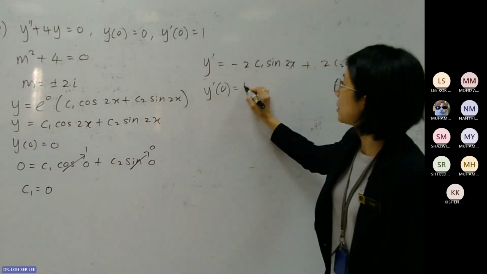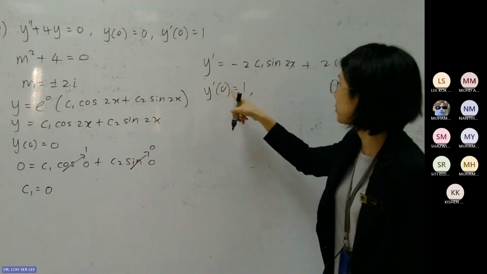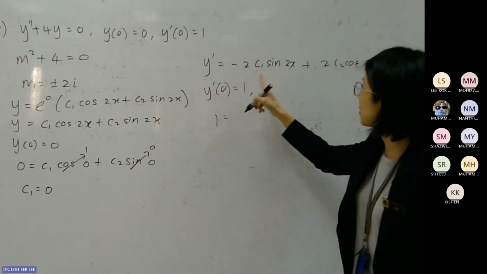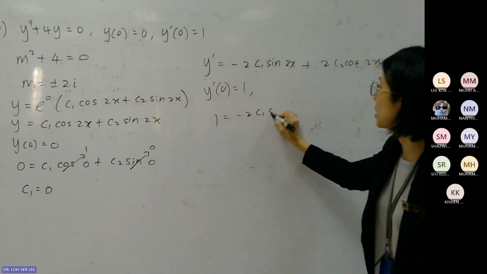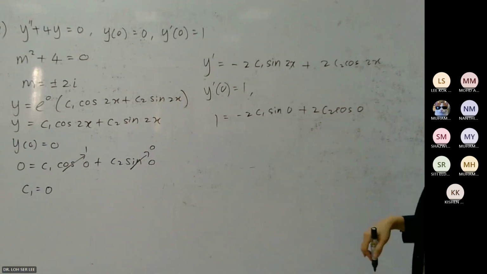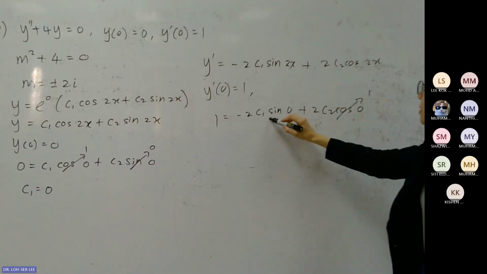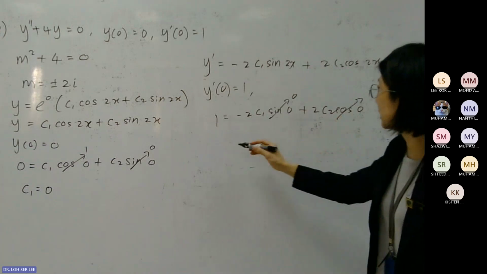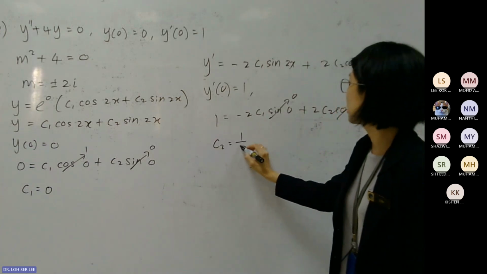Then you substitute: x is 0, negative 2C1 sin 0 plus 2C2 cos 0. Cos 0 is 1, sin 0 is 0, meaning that C2 is half.